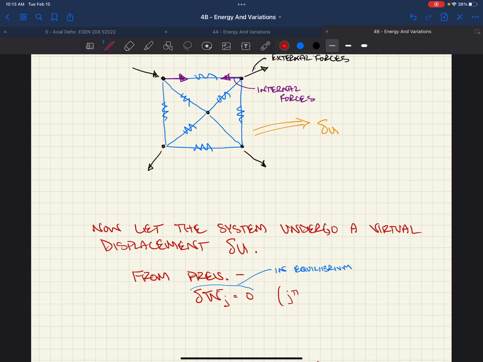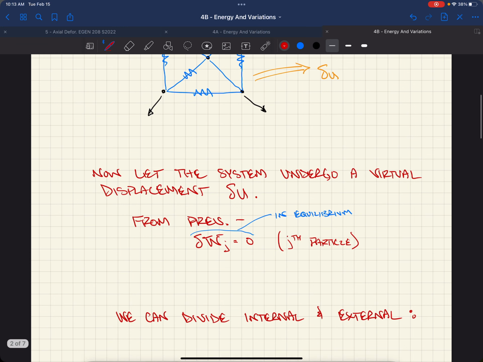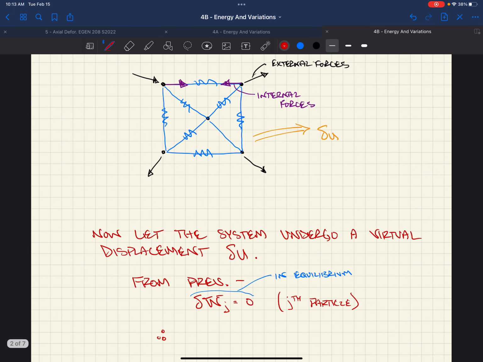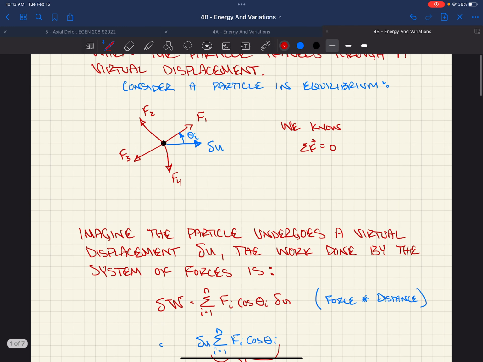This is our jth particle. Therefore, for each of the particles undergoing that virtual displacement delta U, each of those particles could be in equilibrium like we did our individual particle, right?